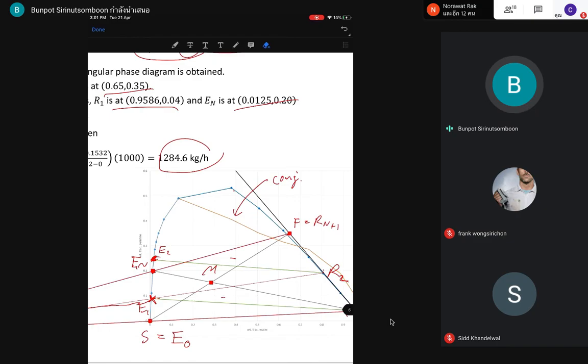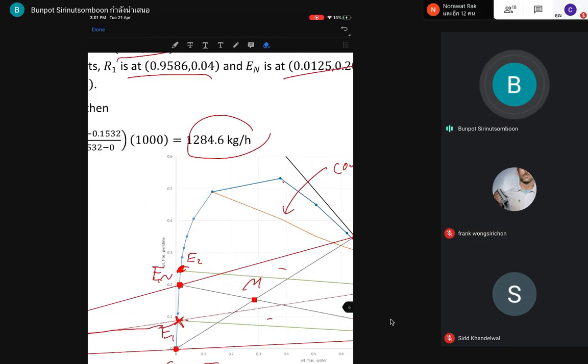But this E2 is higher than En, right? So it means that our number of stages is slightly lower than 2. So this is E1, and this is E2, but our En is right here. That's why I say the number of stages is about 1.7.